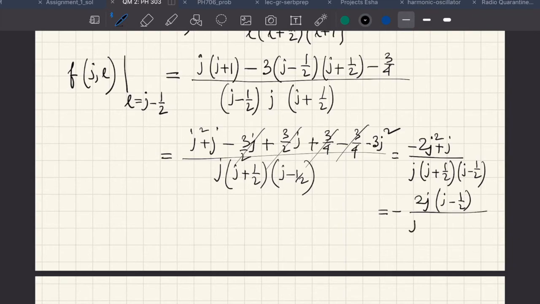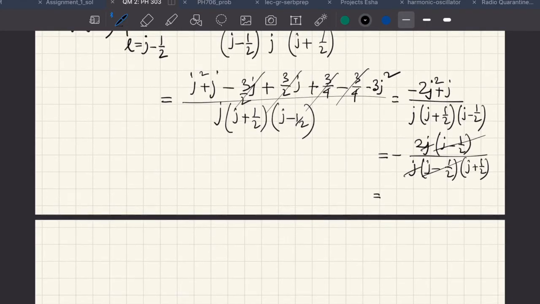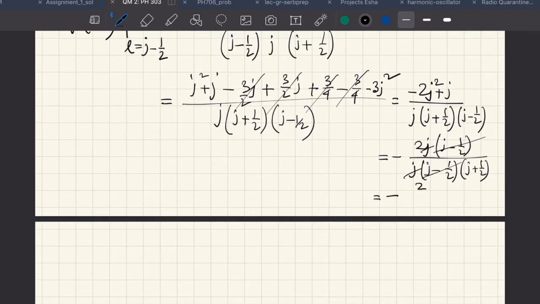Okay, and then J into J minus half into J plus half. So of course J minus half, J and J gets cancelled, and this will be given by minus 2 by J plus half.